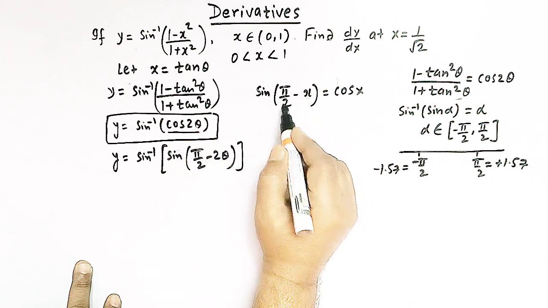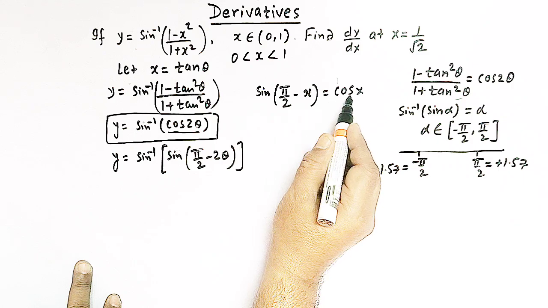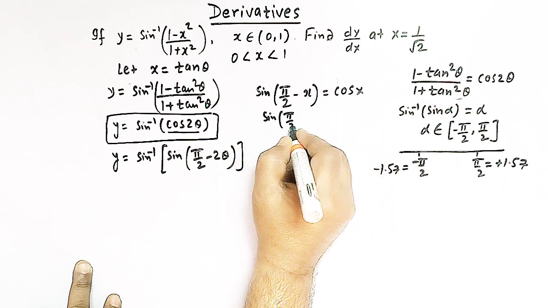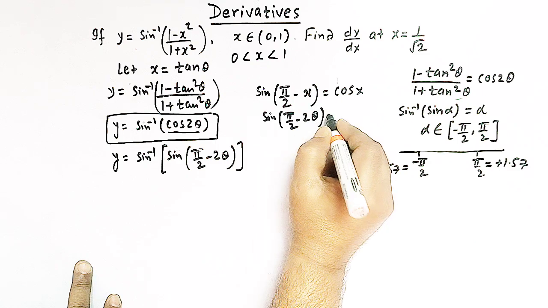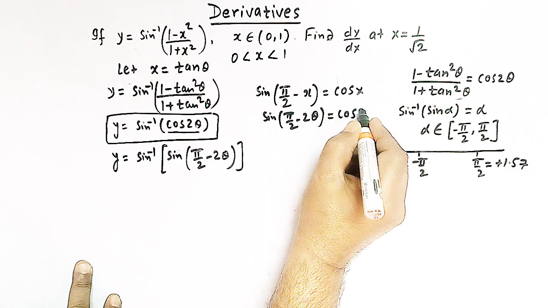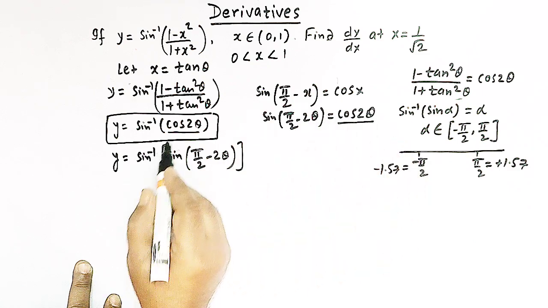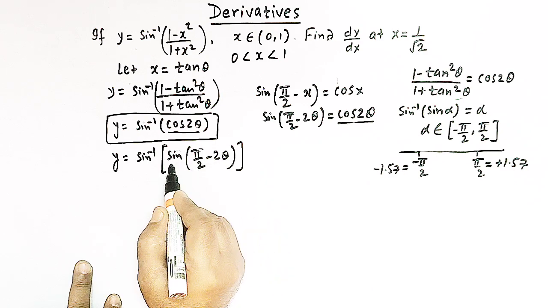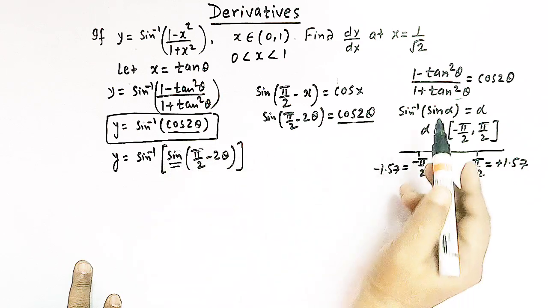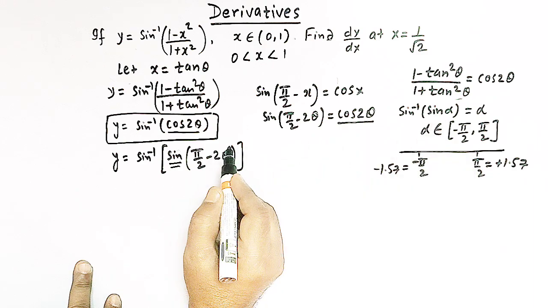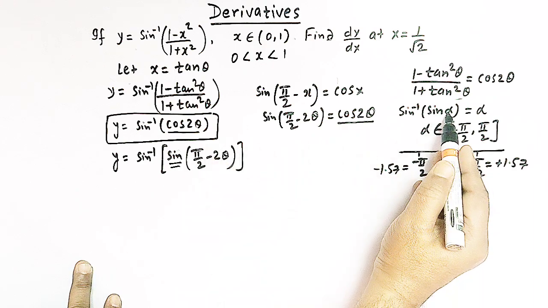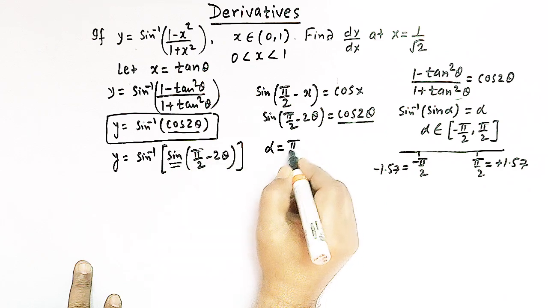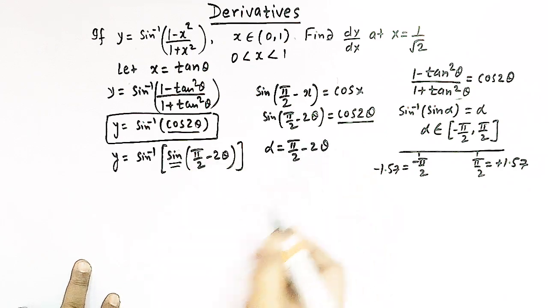So now we have the sine function, and the value of alpha is pi by 2 minus 2 theta.